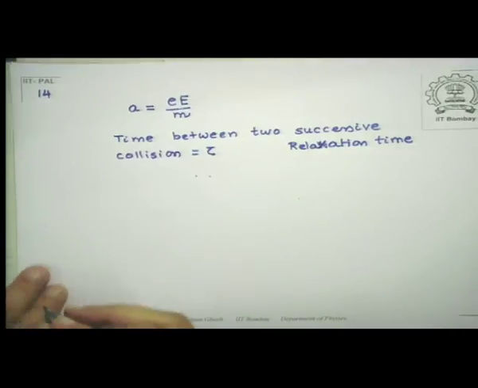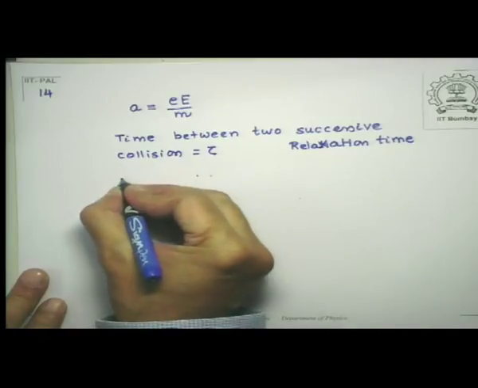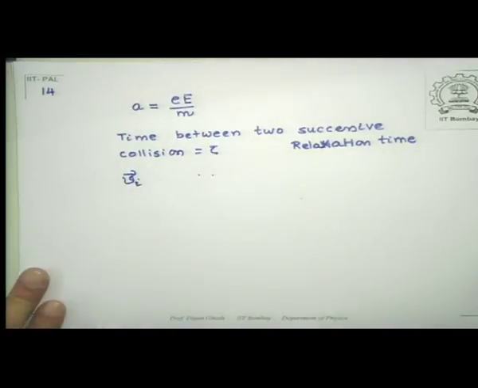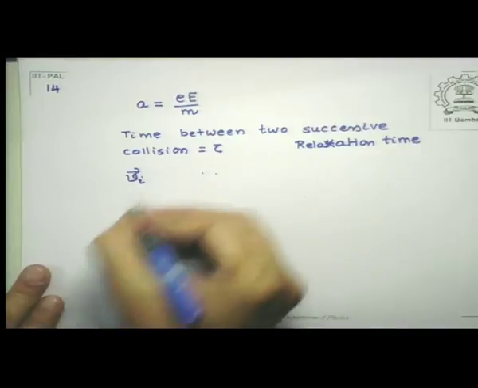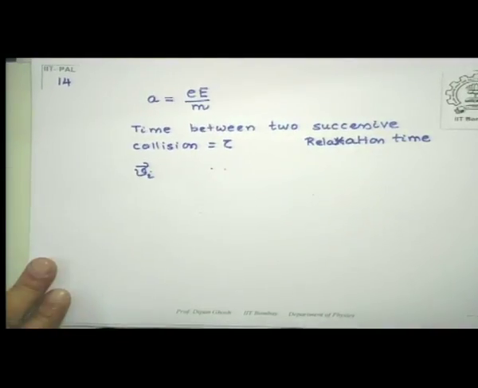Now suppose Vi was the velocity of the ith electron immediately after the last time it collided.